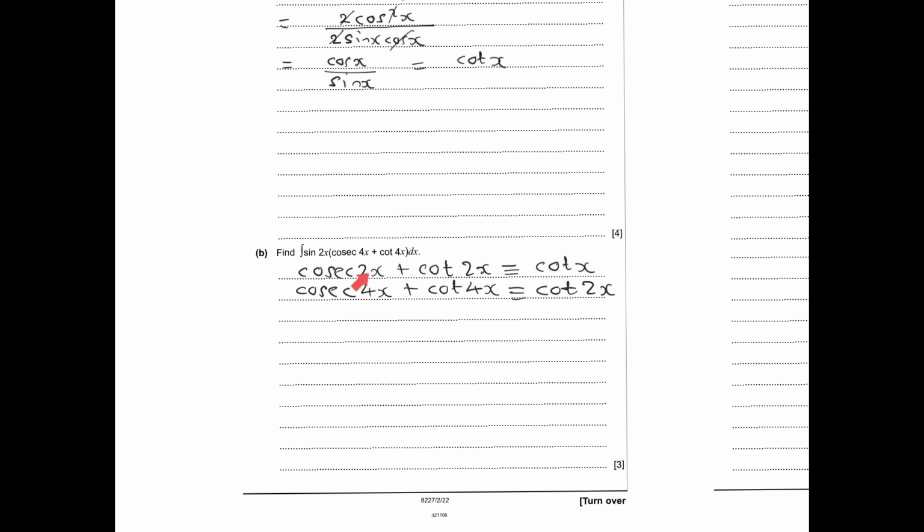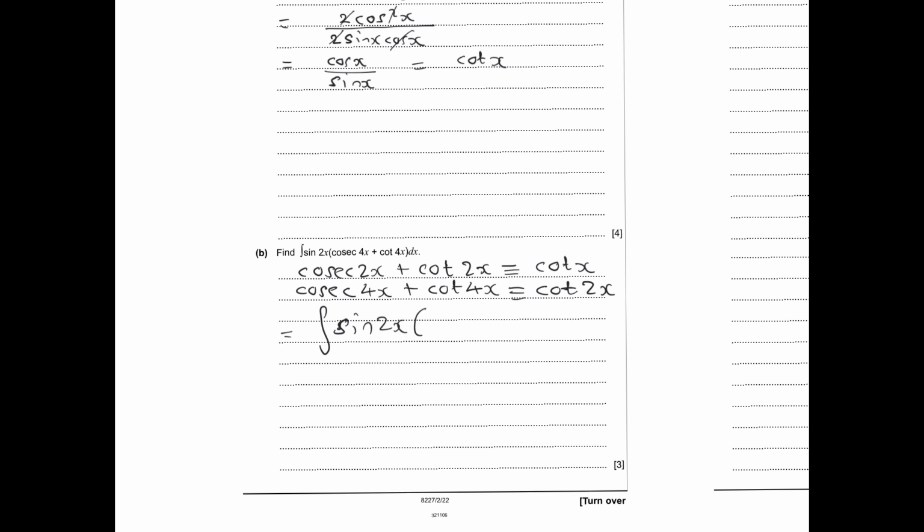You see here, if we have a double angle here, there and there we have a single angle. So if we have 4 here, then down here it's supposed to be 2. So instead of integrating this, we can simplify the bracket to that. So what then do I have? I'm going to have integral of sine 2x.